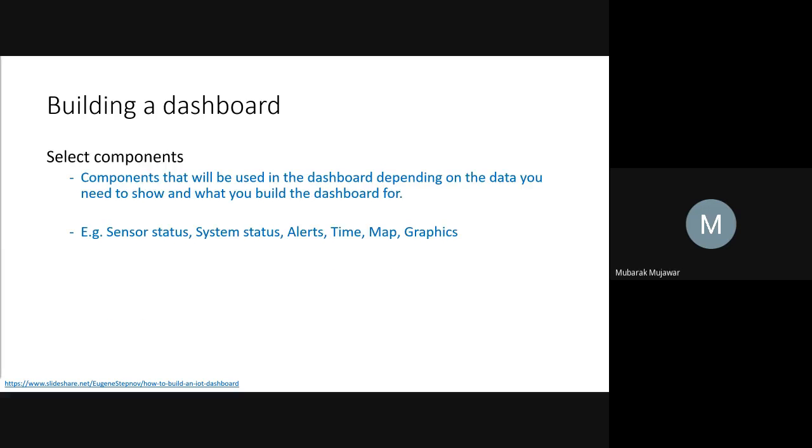Now, you can also select a component that will be used in the dashboard depending upon the data which you need to show and what you need to build a dashboard for. For example, you might be interested in showing the status of your sensor, maybe the status of your system, maybe to create some alerts, and perhaps you can show that data on a map or on a graph with a timestamp.